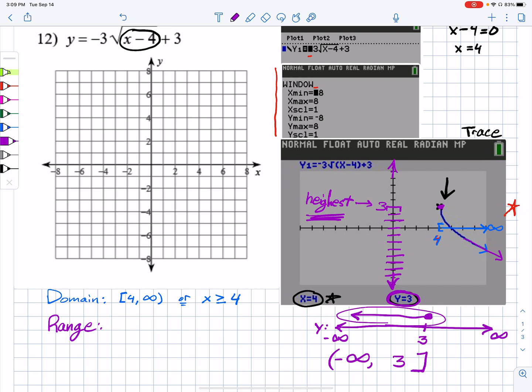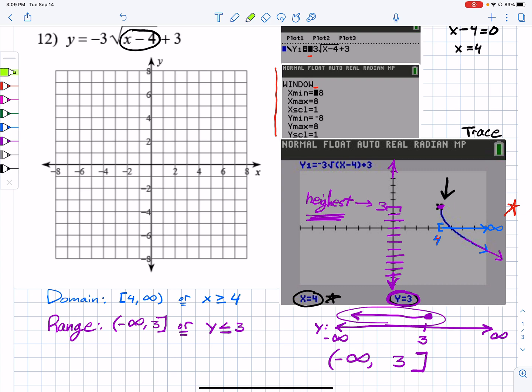That's why we have the square brackets around it. And negative infinity is not so much a number as it is a direction. So we cannot contain or get to negative infinity. We just point to it with a round bracket. So that's the interval notation. And the inequality notation, which is just as good, could be written as y less than or equal to 3.